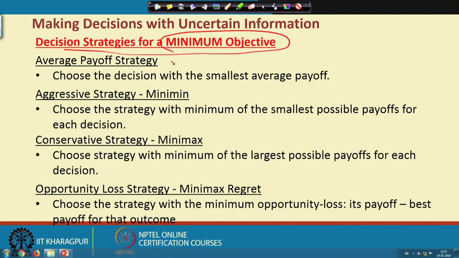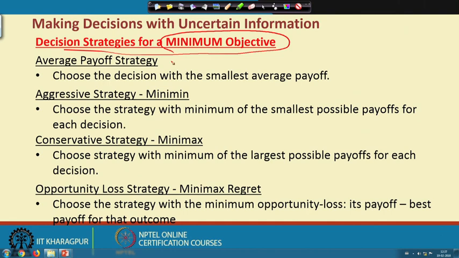So, we start first with the decision strategy for minimum objective, where we have a couple of strategies. The first is the average payoff strategy, the second one is the aggressive strategy, the third one is the conservative strategy, and the fourth one is the opportunity loss strategy.